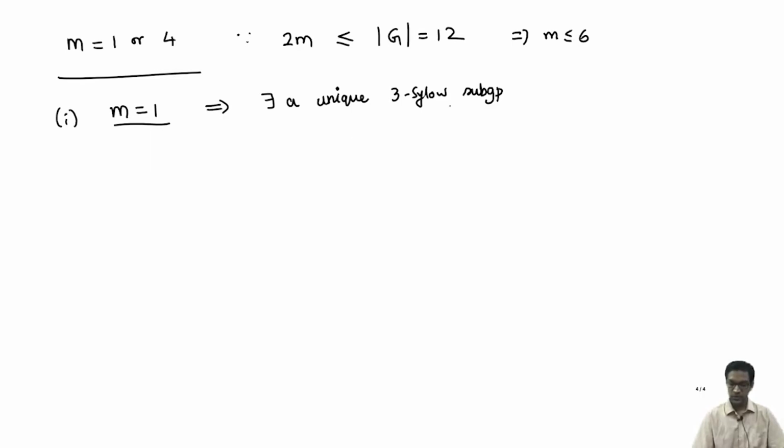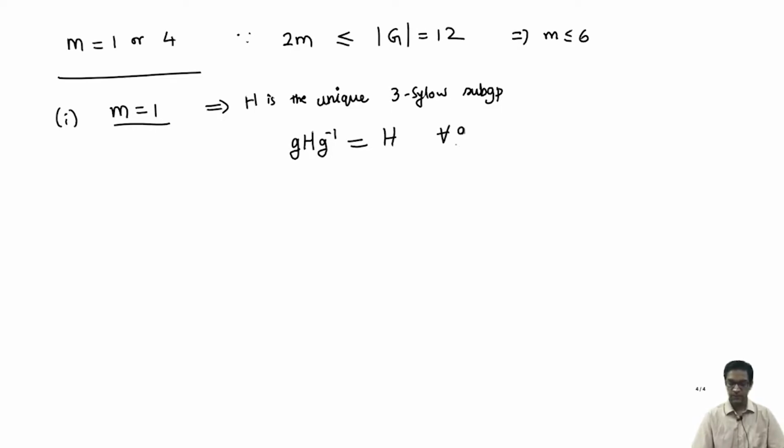So in this case, H is the unique 3 Sylow subgroup. We picked one of them and called it H. If I conjugate H by any element of the group, that's again a 3 Sylow subgroup, because its cardinality is 3, but there is only one 3 Sylow subgroup, which is H itself.